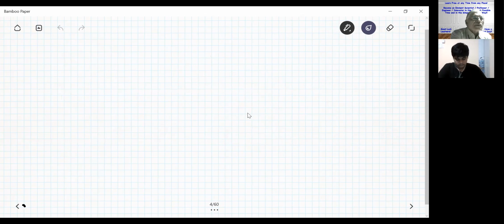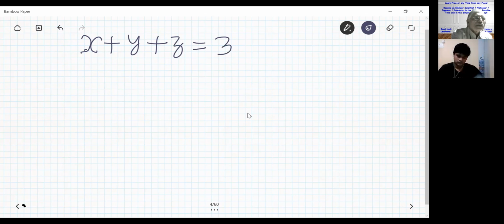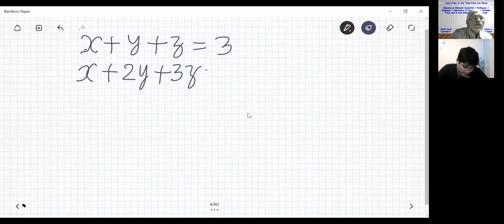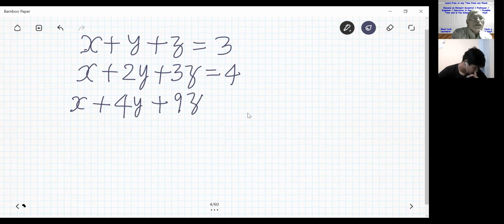Now our problem was x plus y plus z is equal to 3, x plus 2y plus 3z is equal to 4, x plus 4y plus 9z is equal to 6. So what is important here is the equations. First we have to look at them.